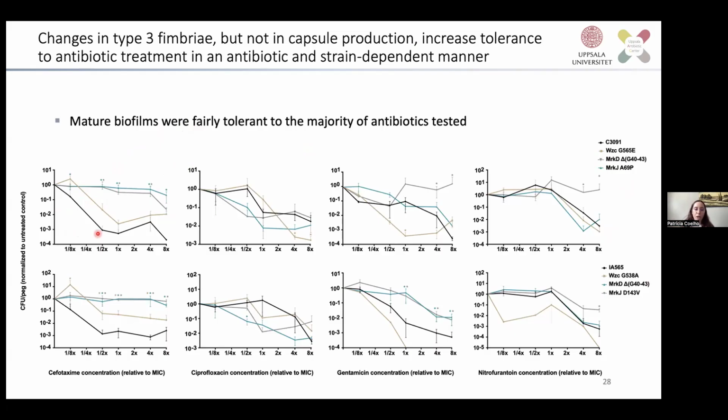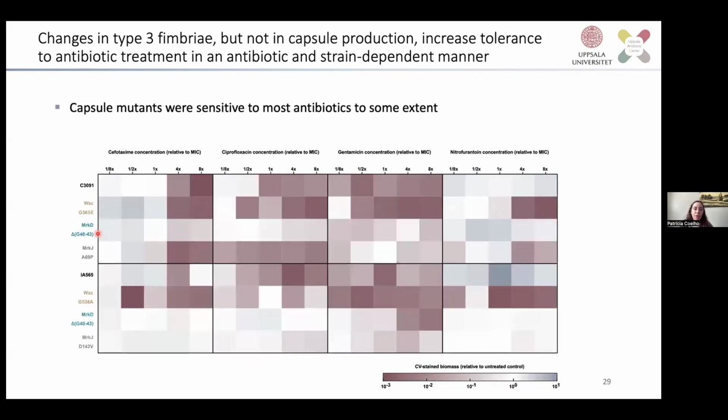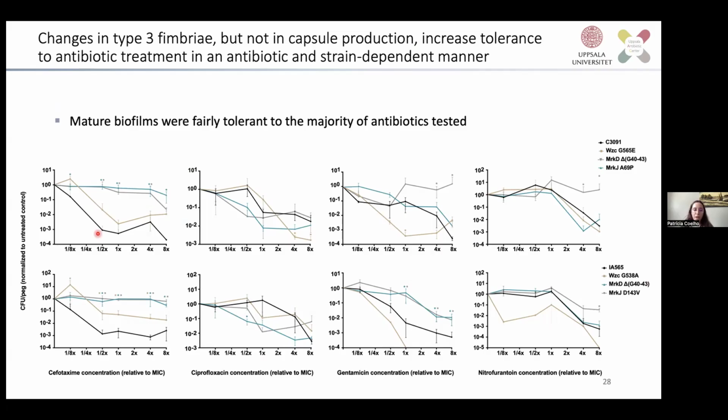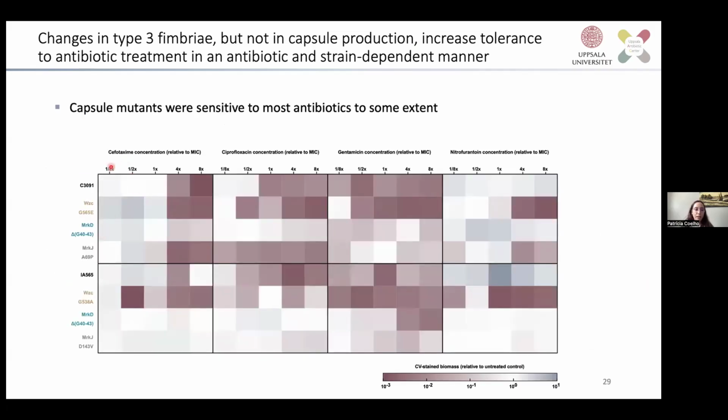So most of the antibiotics had no effect on the biofilms, regardless of the strain that we were testing, so the parentals or the mutants. Here we have the crystal violet results, while these were CFU. So we can see that the capsule mutants, so these ones here in beige, were more sensitive in most of the cases, even than the parental strain.